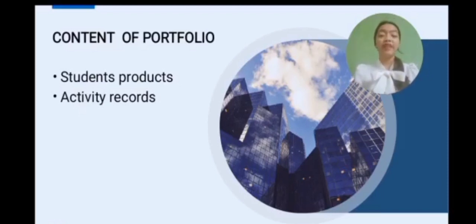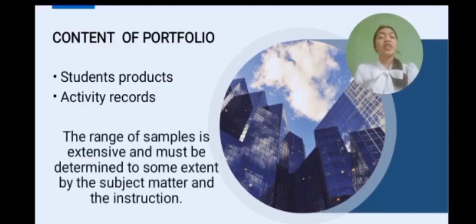These are natural artifacts, which are derived from the different learning activities. This contributes a lot to an easier assessment for both the teacher and the students. The range of samples is extensive and must be determined to some extent by subject matter and instruction.